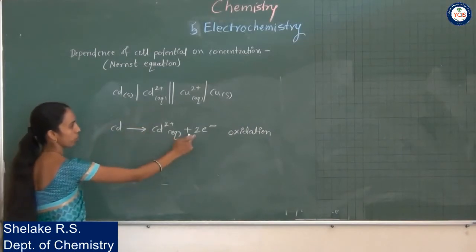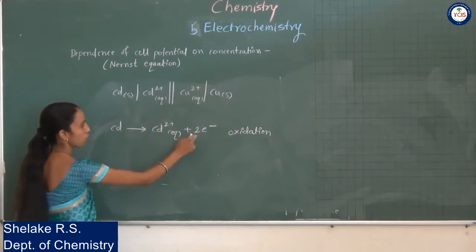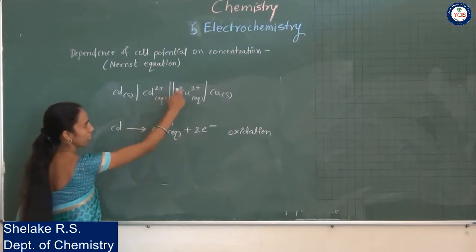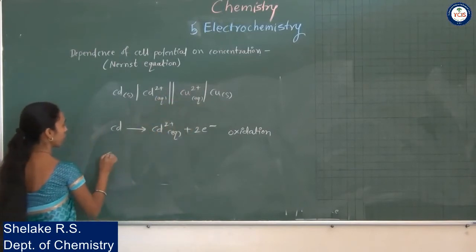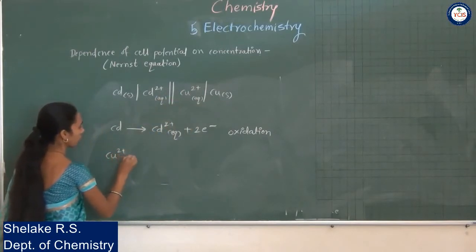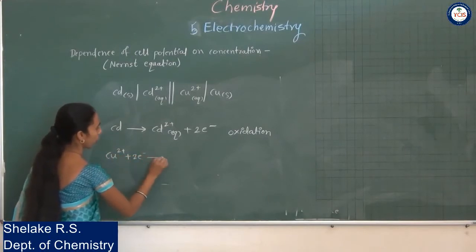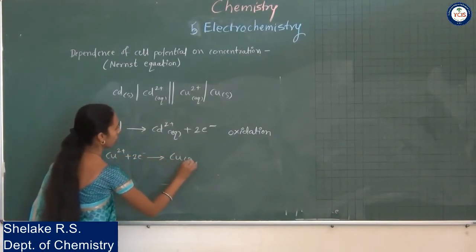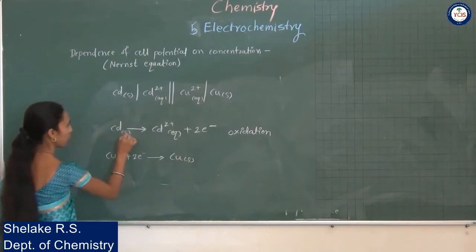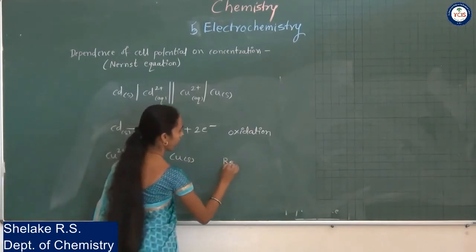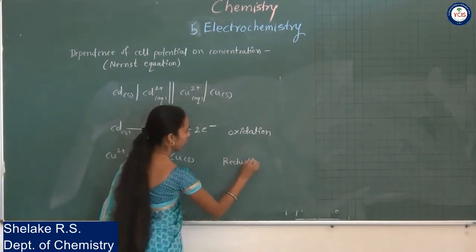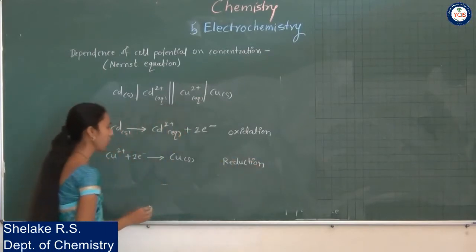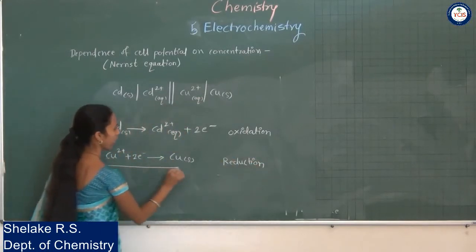Now these electrons lost by cadmium are gained by copper, and there is a reduction. So copper 2 plus, by gaining 2 electrons, is converted into solid copper. So this is the reduction reaction. Now we have to write the overall cell reaction.